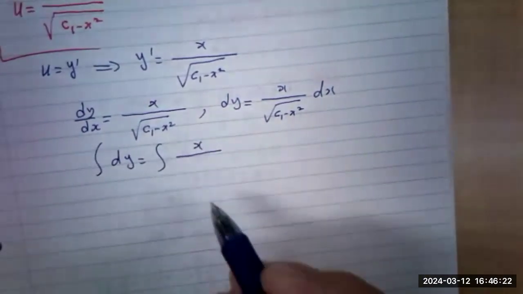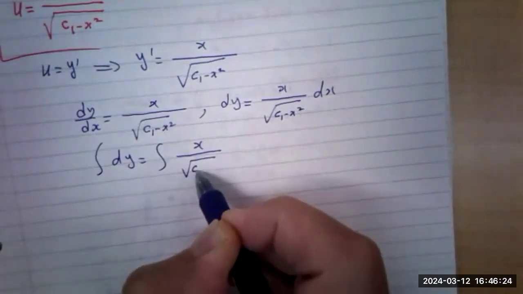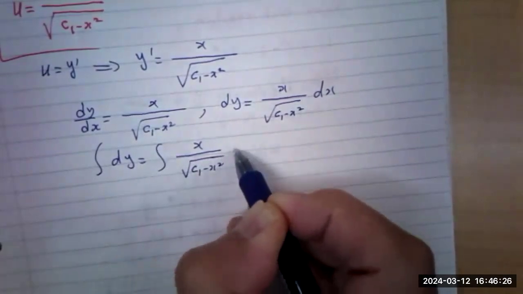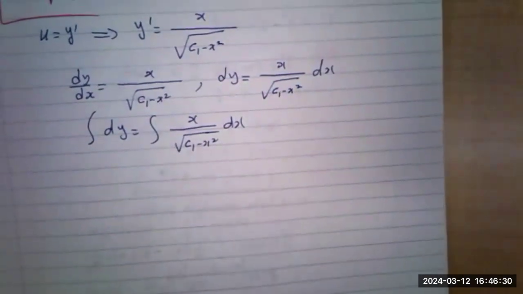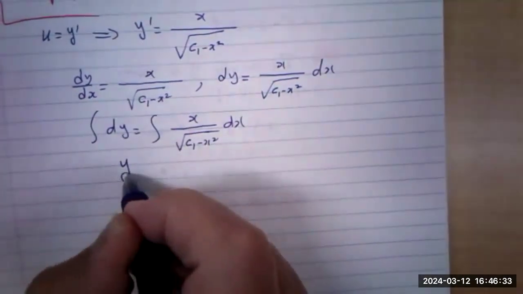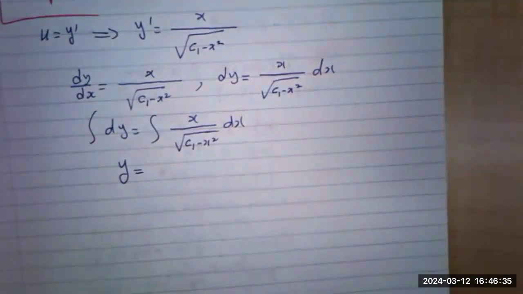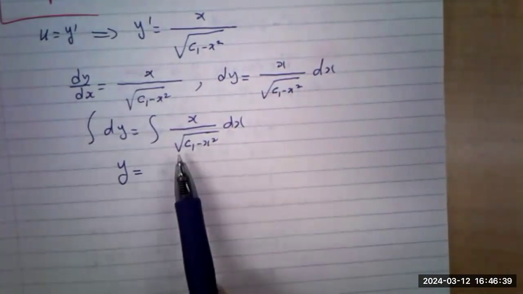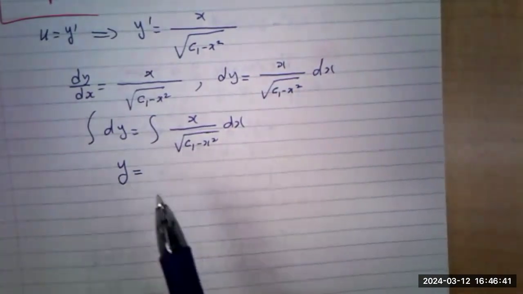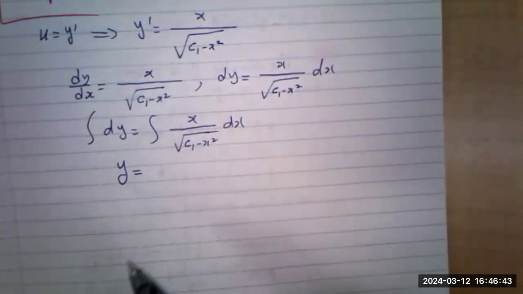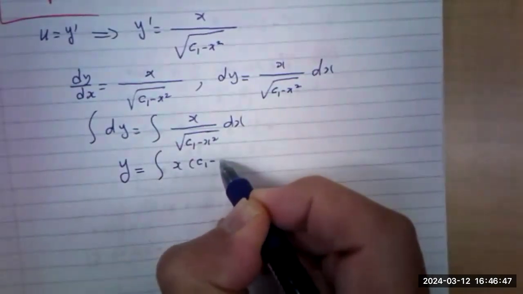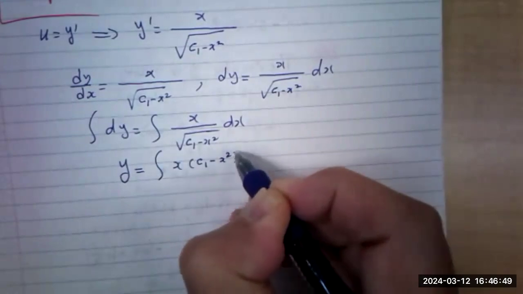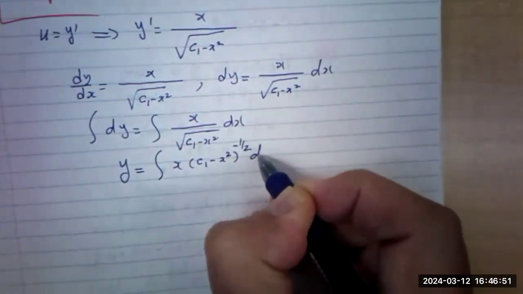Integral to the left is easy. It's going to be y. We're going to find the integral to the right. You move it up because you have the x on the top. So that would be x times c1 minus x squared to the negative half dx.